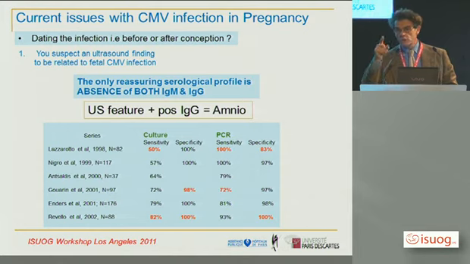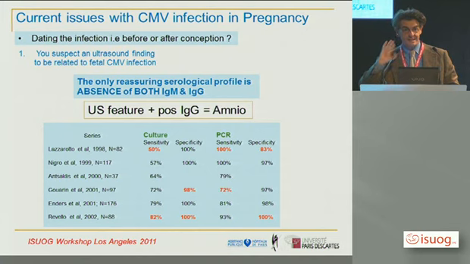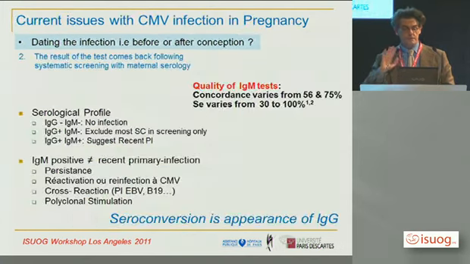If this woman has got no IgG and you see an image that is evocative of a particular infection, no IgG equals no infection here. And you don't need to do an amnio for that infection. Is that 100% clear? Then you've not lost those 30 minutes.